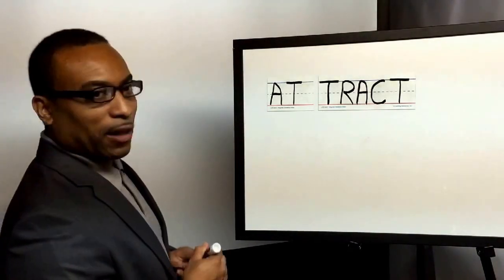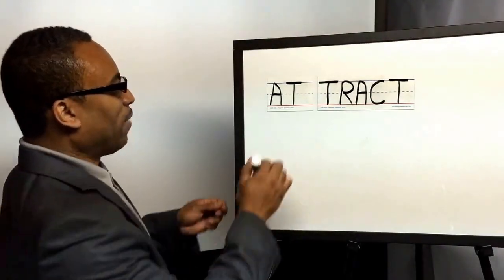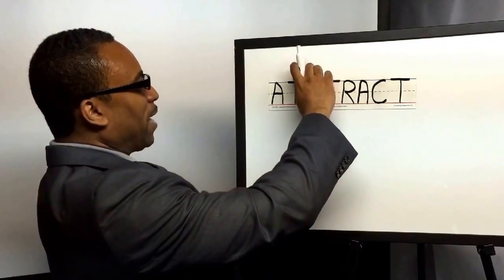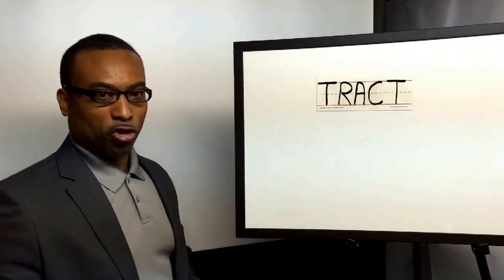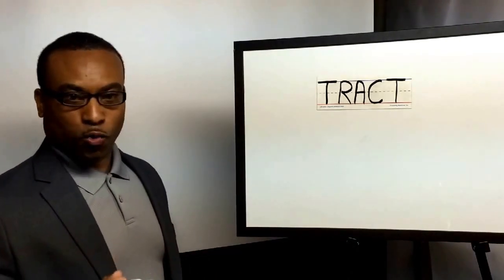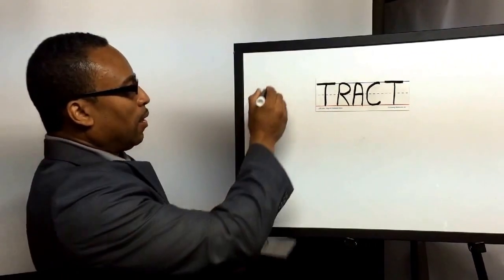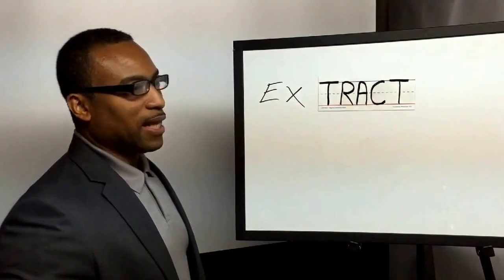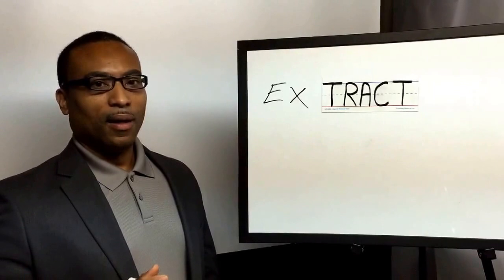So the word attract means to be drawn towards you. Where does the word get its meaning? You have at and tract. If I take this off the board, I now have tract. You've seen this word part before, this root. What about the word extract? If I go to the dentist and the dentist extracts my tooth, ouch, what does it mean?